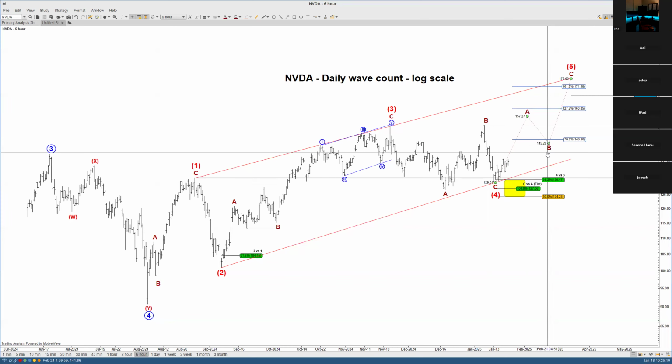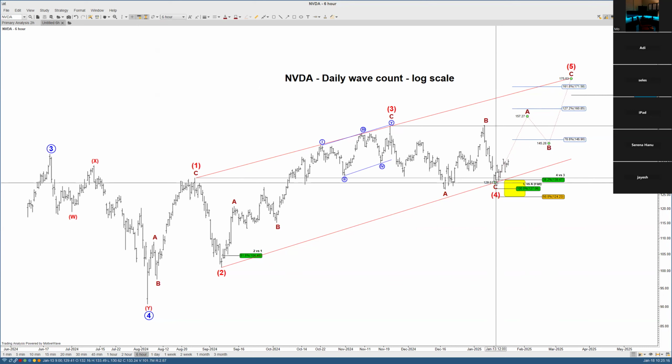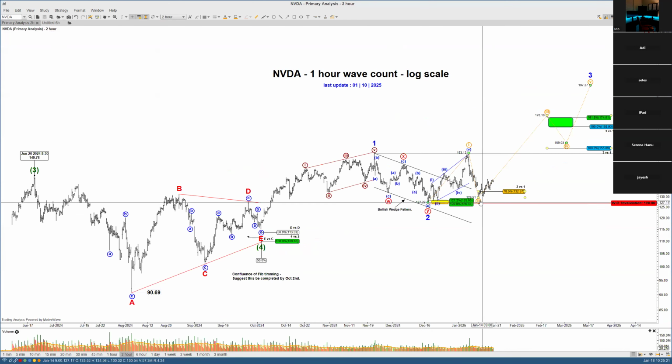Now the tough part is that if we take out the low here, which is this 129.51, right there, it's gonna stop, because we don't need this second wave to retrace below this 127.20. This thing is gonna be invalid.